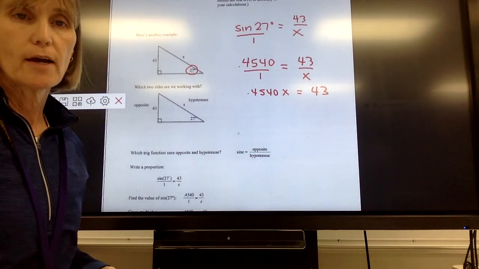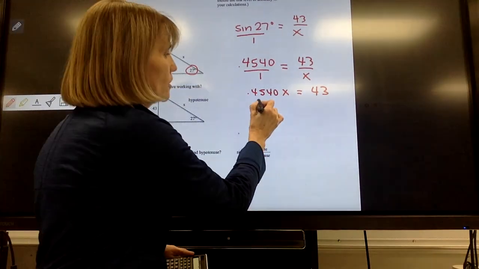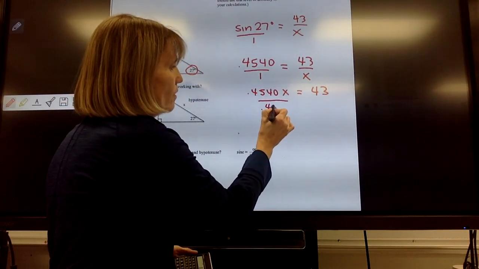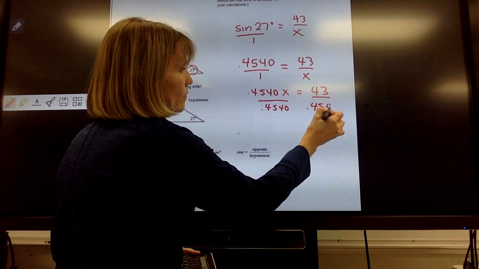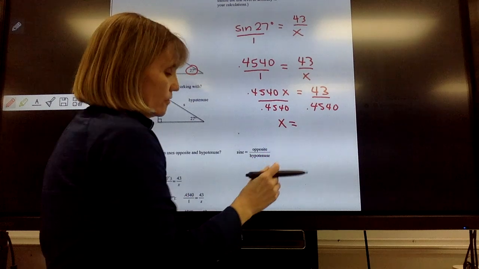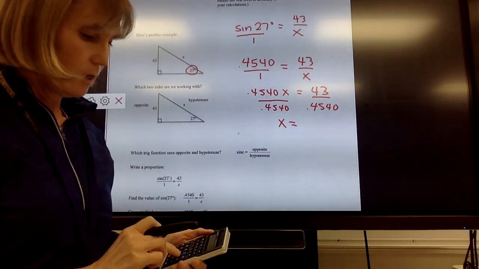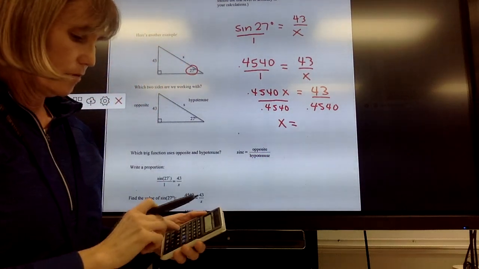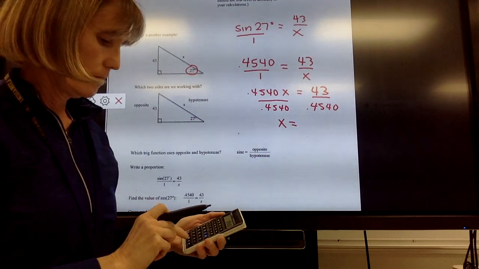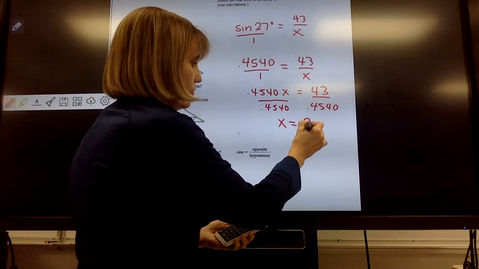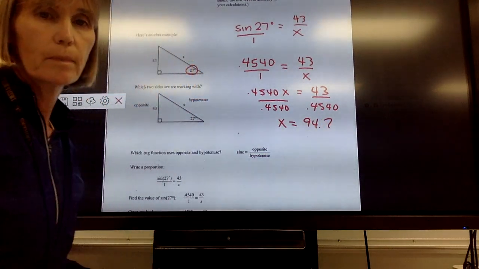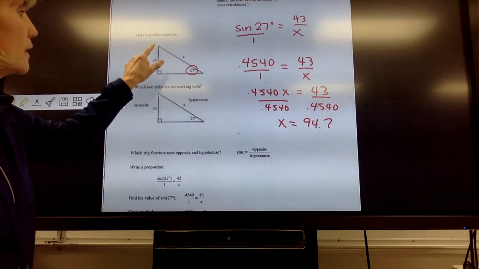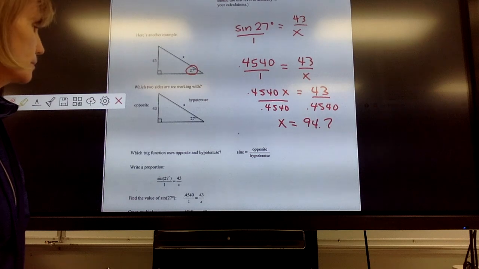Now, how do we solve for x? Hopefully you said you've got to divide by 0.4540. So x equals 43 divided by 0.4540, and I get 94.7 units. This hypotenuse length is 94.7.